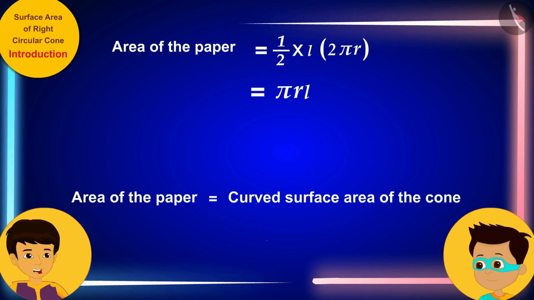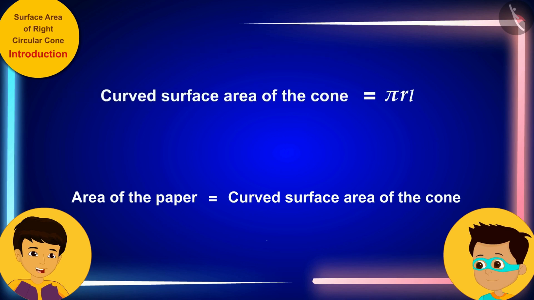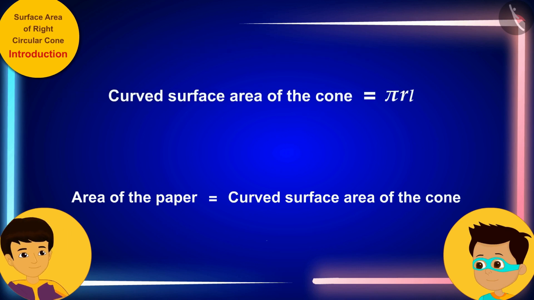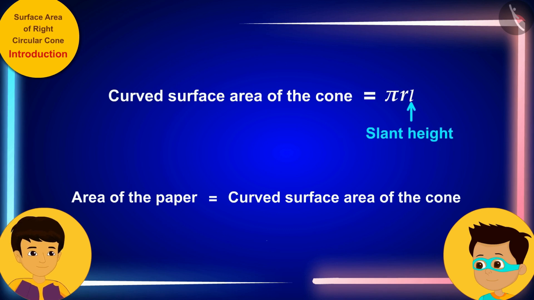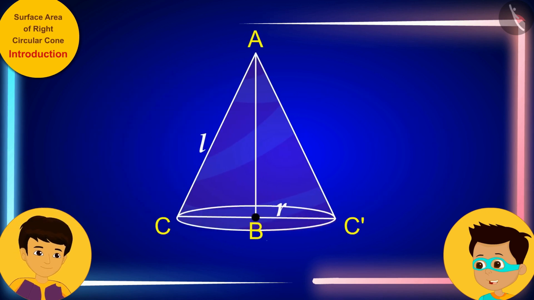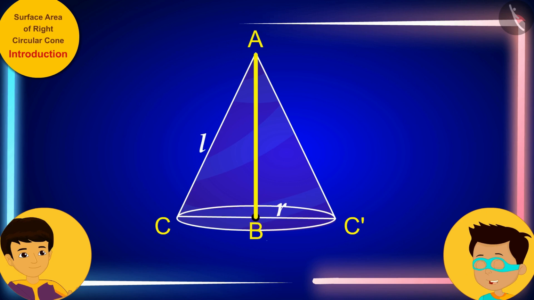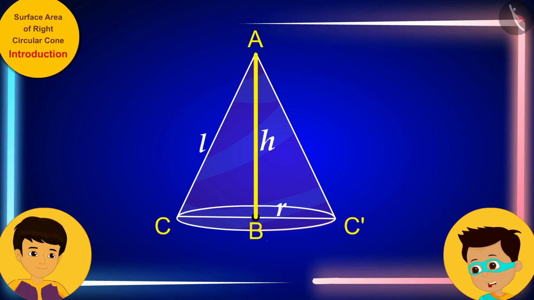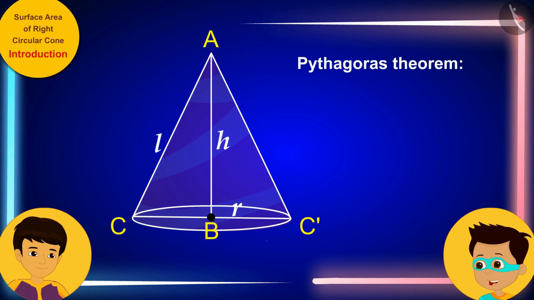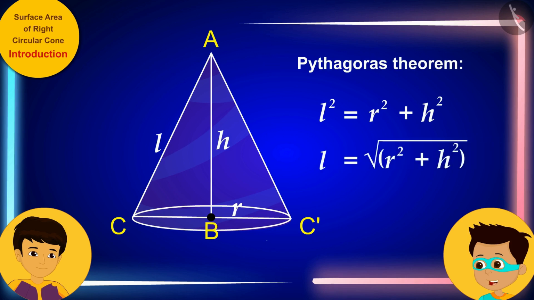So look, we get the formula for the curved surface area of the cone, where r is the radius of the base and L is the slant height of the cone. And look, if we consider the height of the cone as h, then from the Pythagoras theorem, we can write the slant height of the cone in this way.